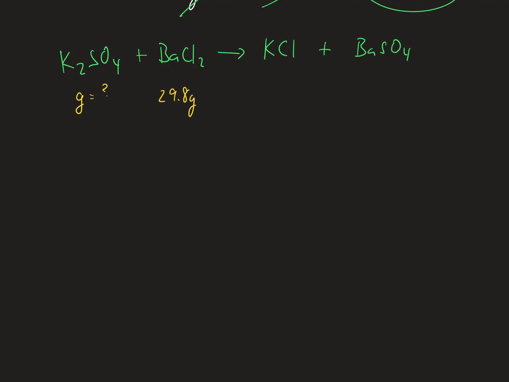Yeah. It creates 29.8 grams of what? What is the thing we're trying to find after we balance the equation? Yeah, did you guys remember to balance the equation? Good. So we start with 29.8 grams of BaCl2, and we're looking for grams of K2SO4. That's it.